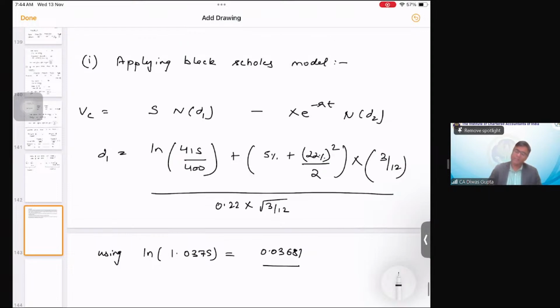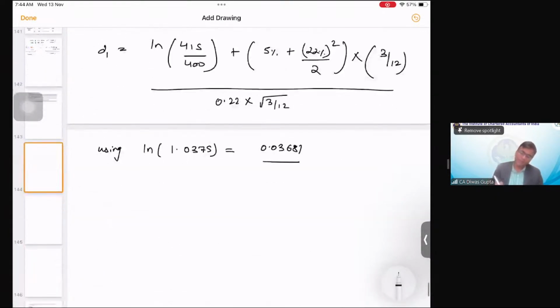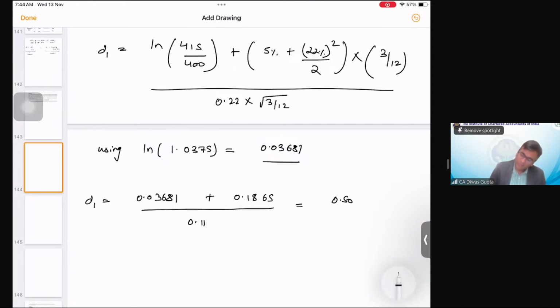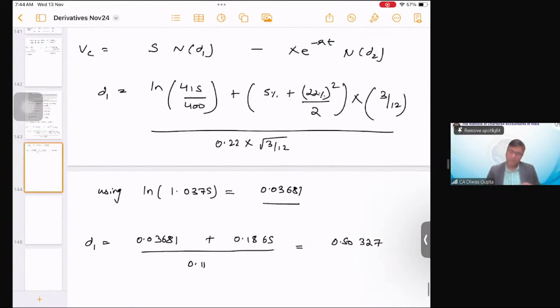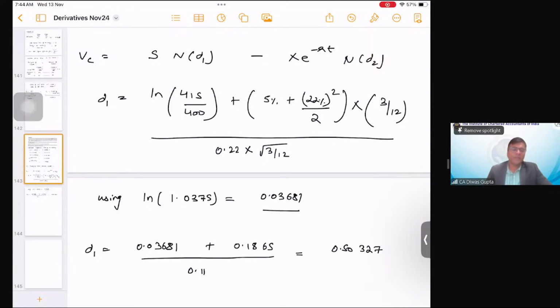We will use this and put it in the equation of D1. 0.03681 plus 0.1865 divided by 0.11, if we solve for the entire thing, this will become 0.50327.